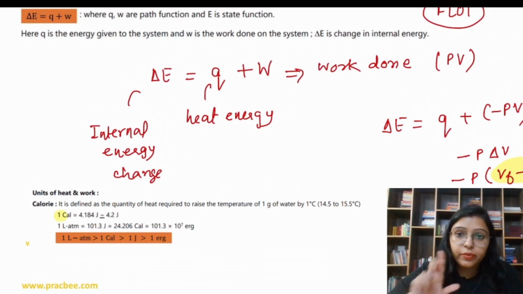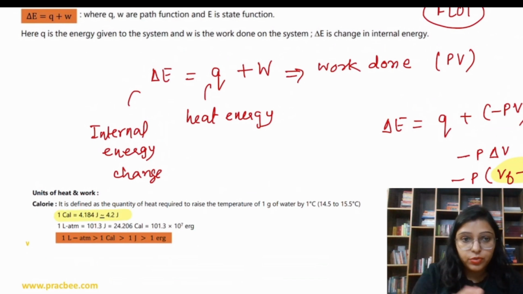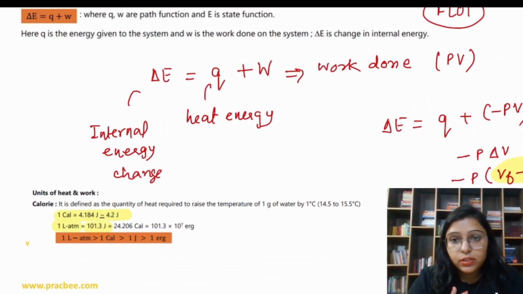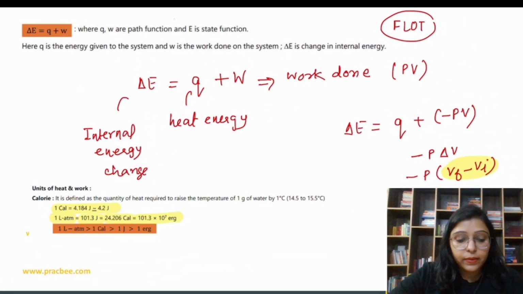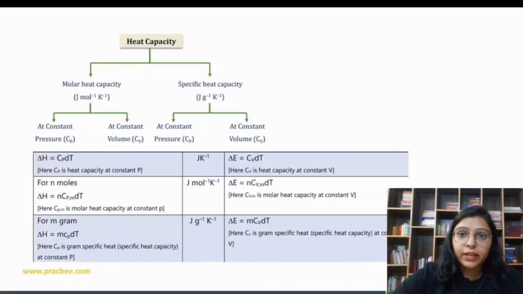One calorie is equal to 4.184 joule, which we can take as 4.2 joule also. And 1 liter atm is equal to 101.3 joule, which is 24.206 calorie, and 101.3 into 10 to the power 7 erg. So basically you have to memorize this. Is it clear?